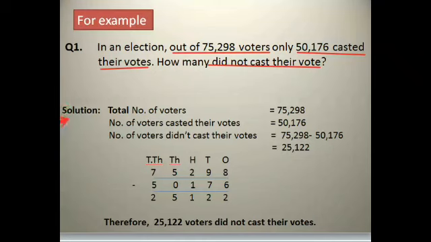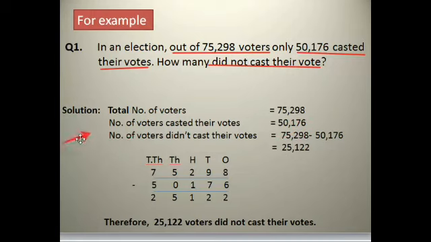Now, let us start the solution. In the first step, we write the total number of voters, 75,298. Next, we write the number of voters who casted their votes, 50,176.